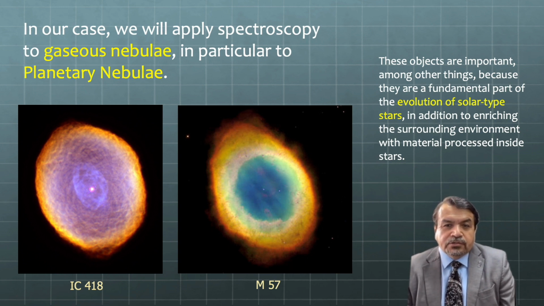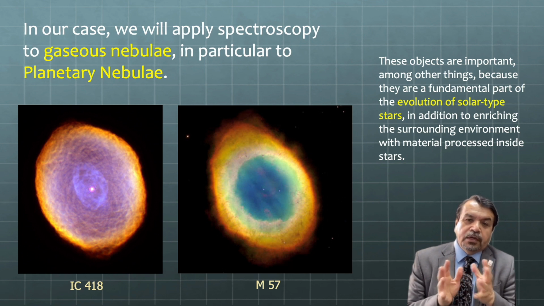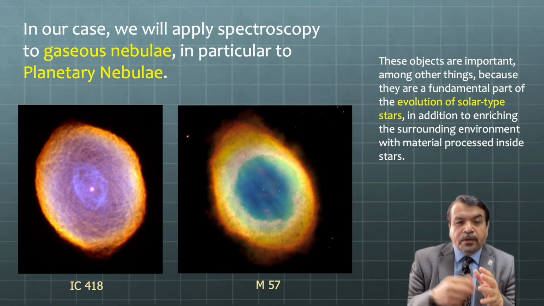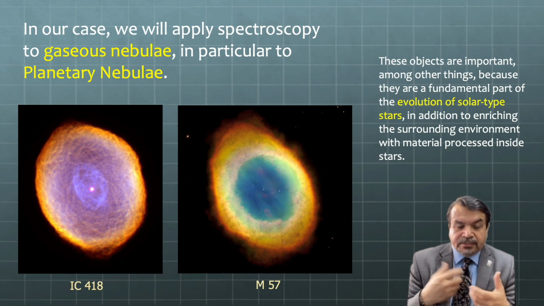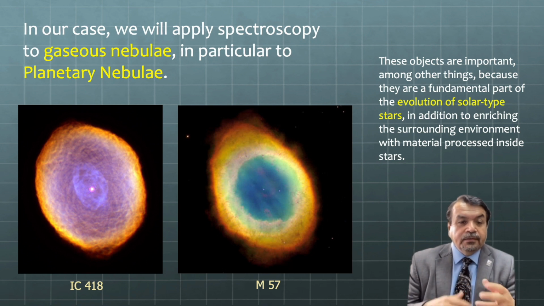What is the importance of planetary nebulae in scientific research? As you can see, with the star in the middle, planetary nebulae are a crucial part in the evolution of solar-type stars. As part of stellar evolution, stars like the Sun are converting hydrogen into helium.